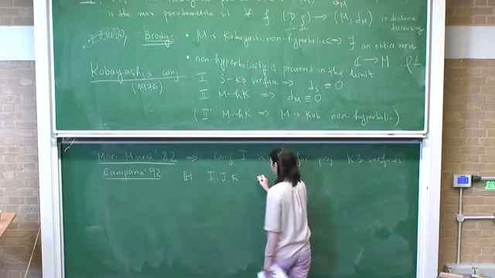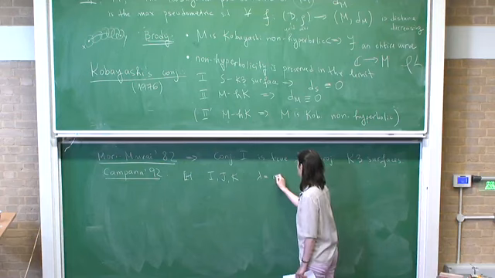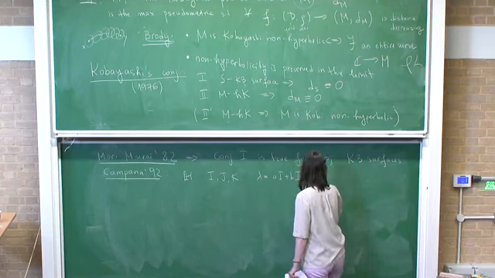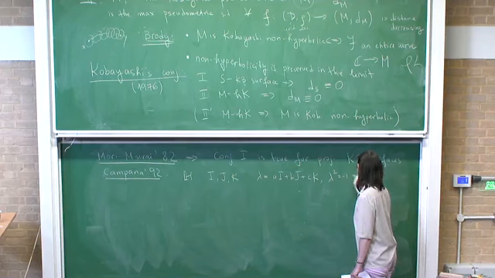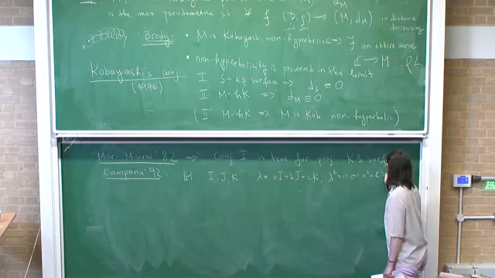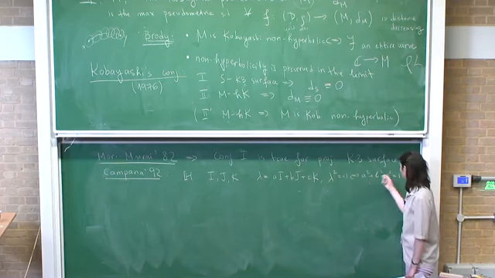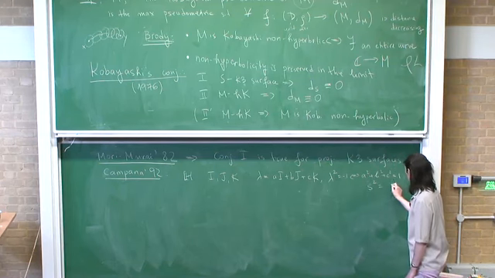And if you have a complex structure x = aI + bJ + cK in this basis, then x squared is negative 1 if and only if a squared plus b squared plus c squared is 1. So (a, b, c) lies on S2, or I'll think of it as CP1.